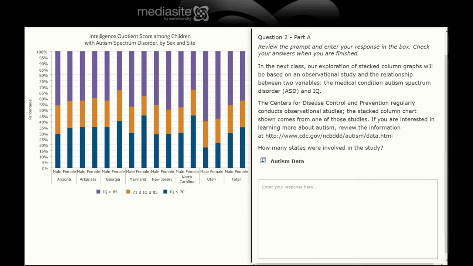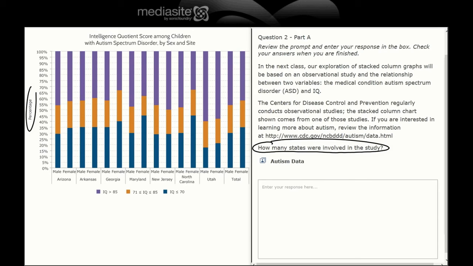Okay, so let's see what the questions are. Review the prompt and enter your response in the box. Check your answer when you are finished. Here's a question. In this study, how many states were involved? Well, let's see, I got percentages here.